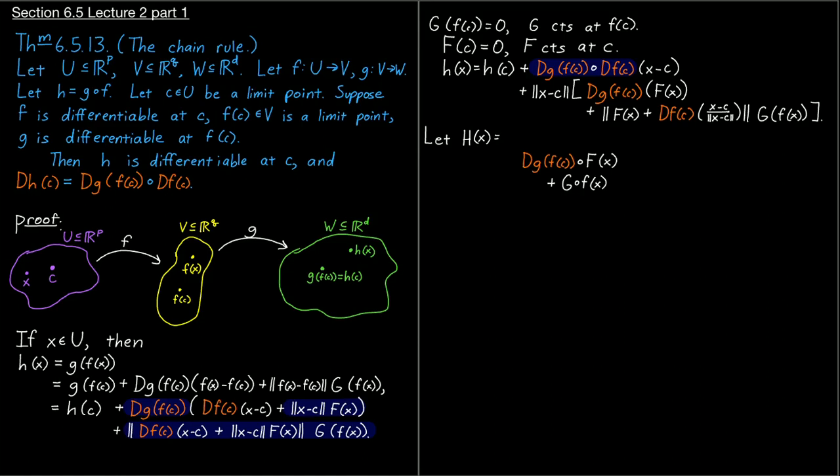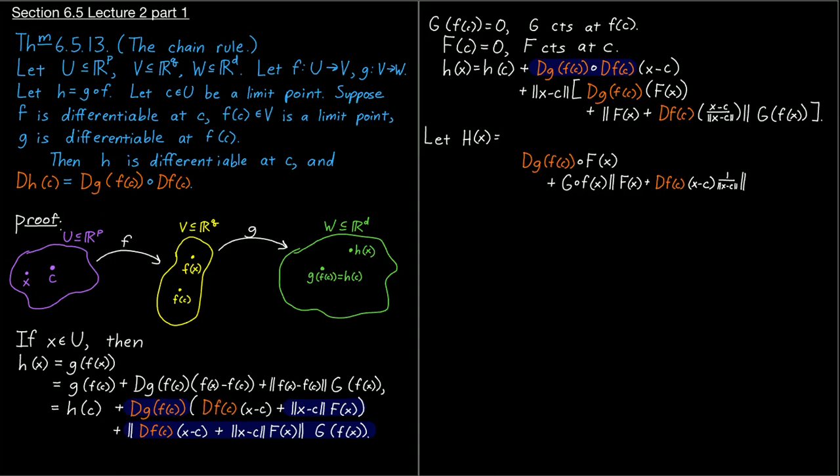I'm writing all these as compositions because I want to use our proposition that says that compositions are continuous, multiplied by the norm of F of x plus df of c of x minus c. And why don't I put the 1 over the norm out there?